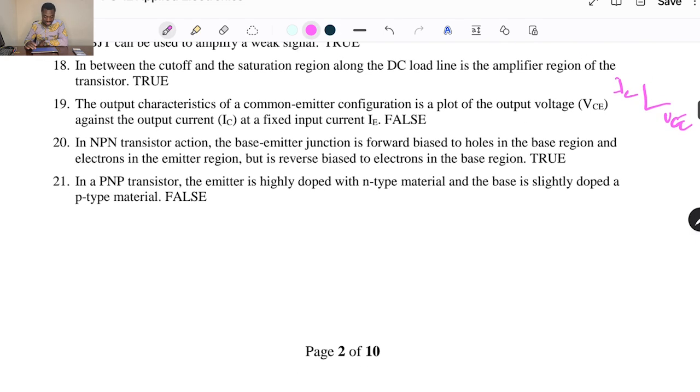Question 20, in PNP transistor action, the base emitter junction is forward biased to the holes in the base and electrons in the emitter region, but it's reverse biased to the electrons in the base. So this is true.